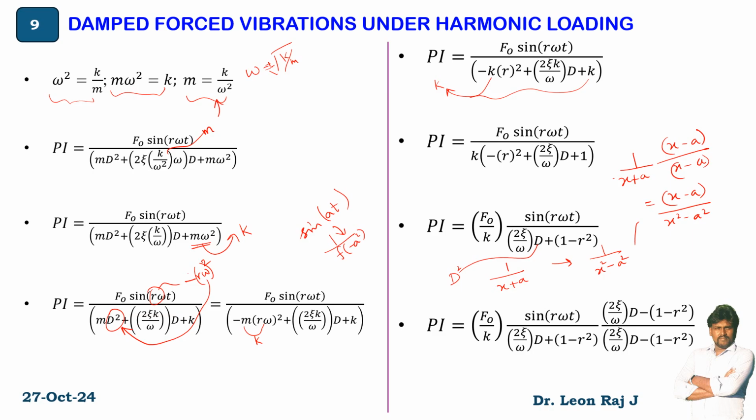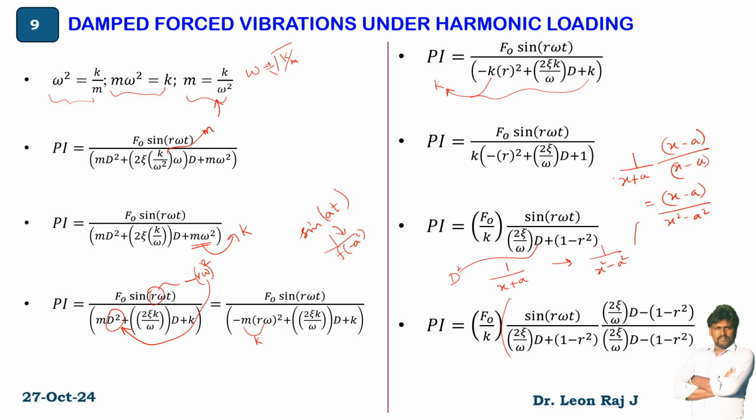So this whole term, the denominator is multiplied with the numerator and denominator by change of sign. So here 2 psi divided by omega into d minus 1 minus r square divided by 2 psi divided by omega d minus 1 minus r square.